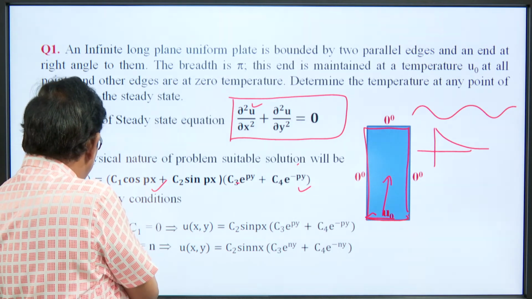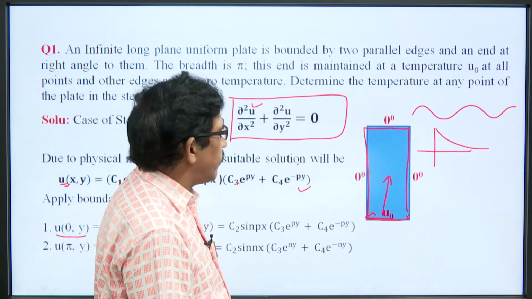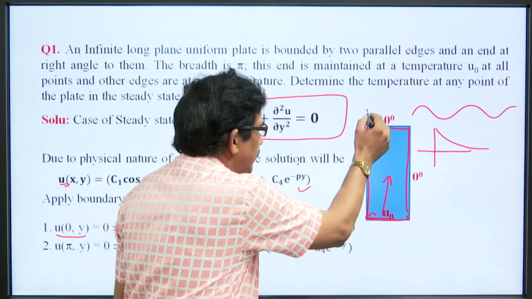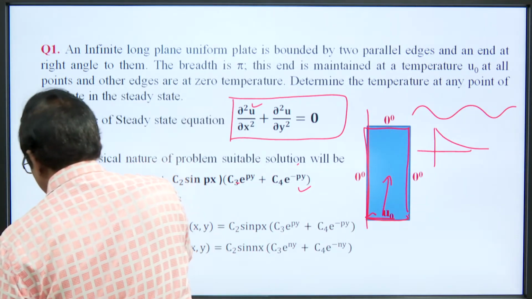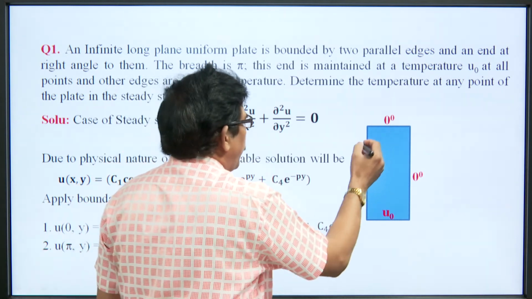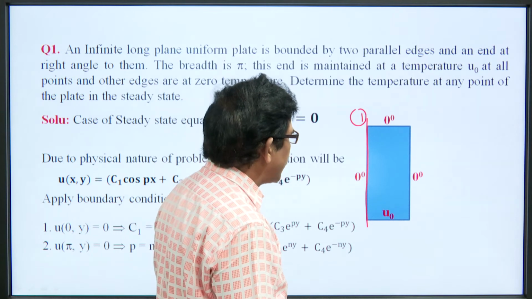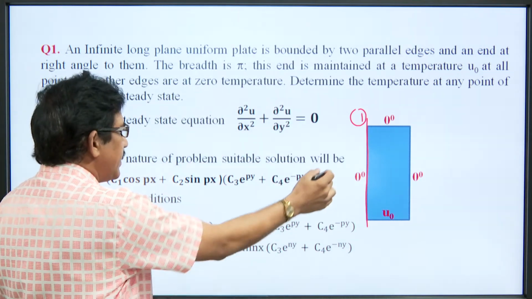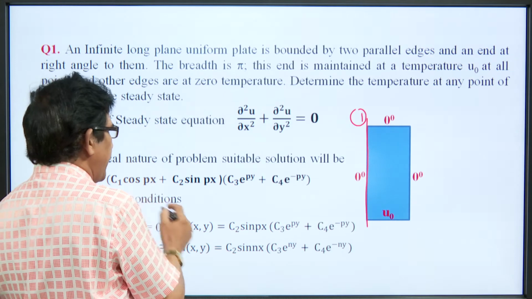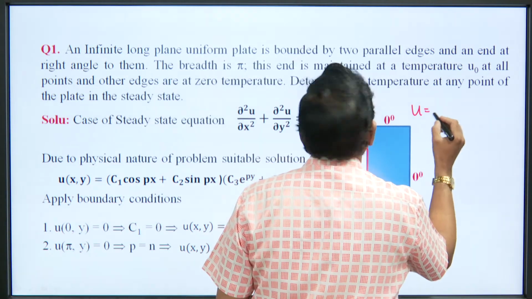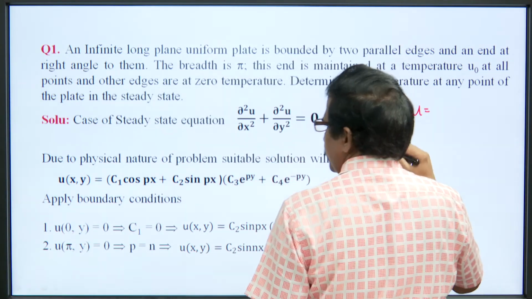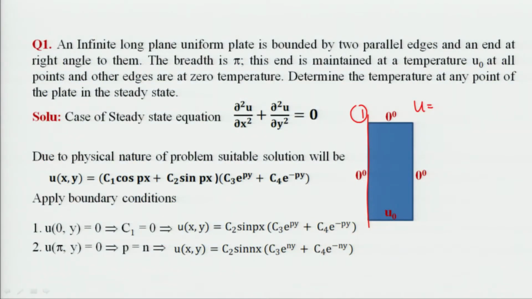The first condition is u(0, y) = 0, meaning this edge. This edge is always kept at 0 degree temperature. If this edge is always kept at 0 degree temperature, then u = C1 cos 0 + C2 sin 0.